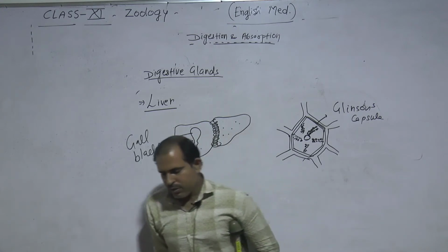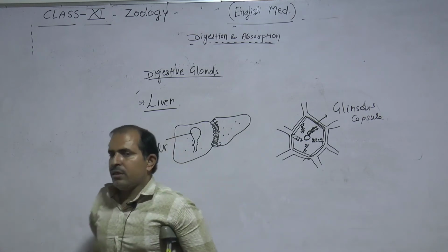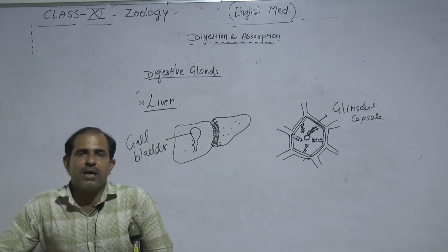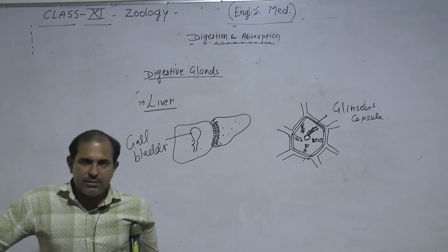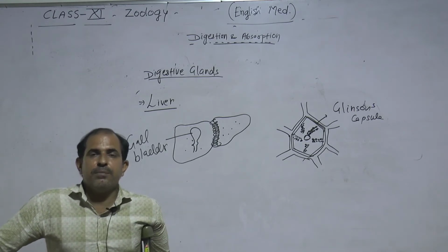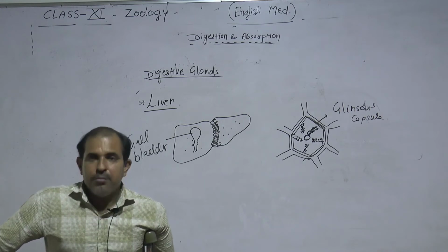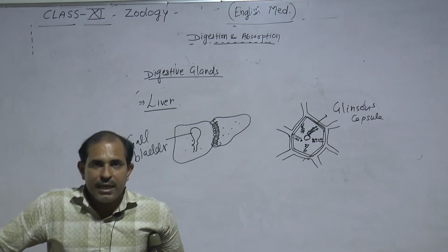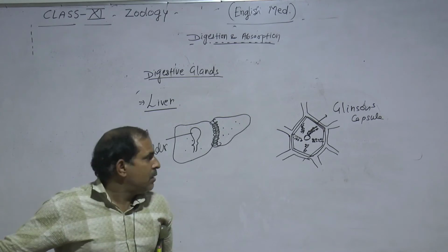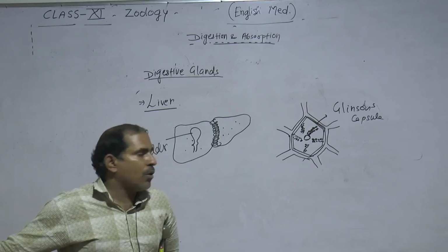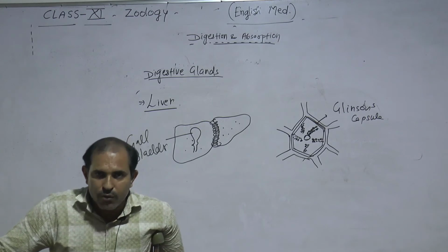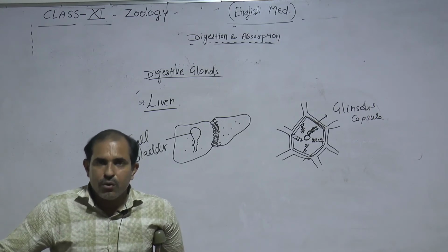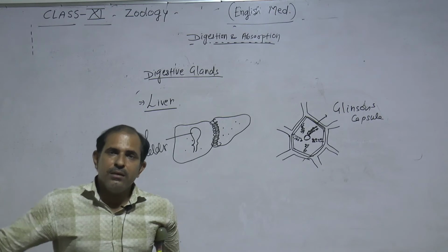It means the hepatic lobule contains hepatic cords, and these hepatic cords are made up of hepatocytes, and in each hepatic cord 1, 2 or 3 rows of hepatocytes are present.